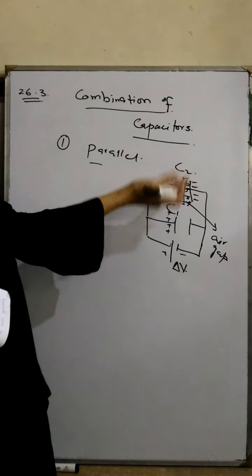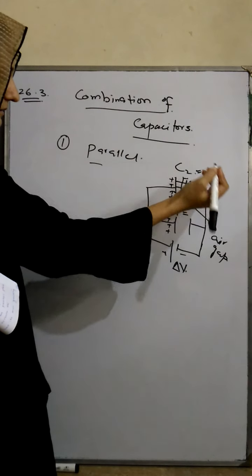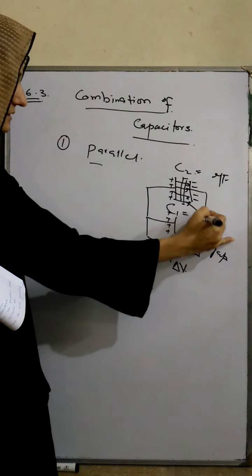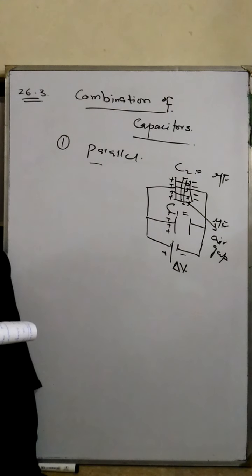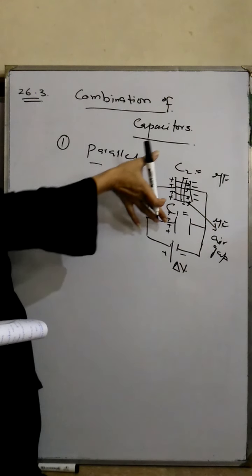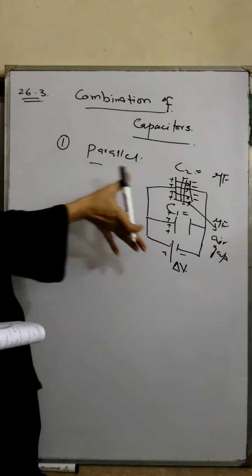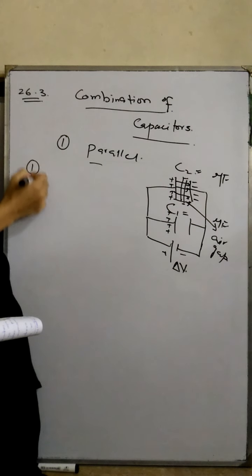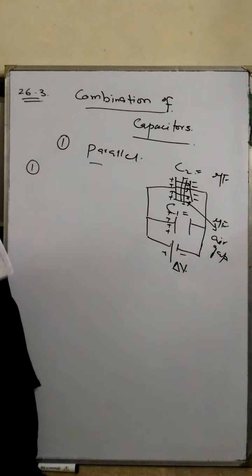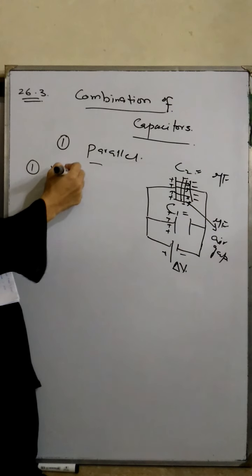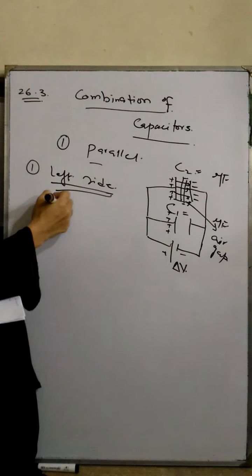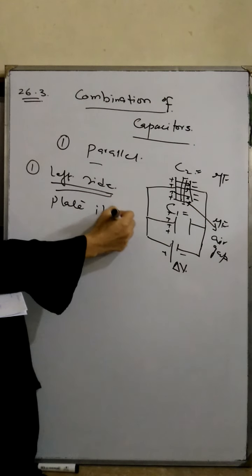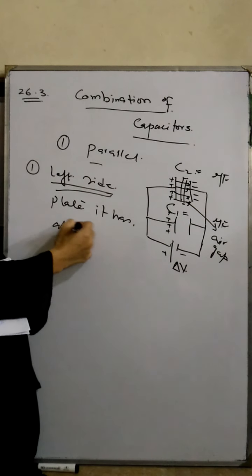Now suppose these capacitors have some capacitance in microfarad value. Now I want to find the equivalent capacitance for these two capacitors present in this circuit. So for that, I have to follow certain steps. Step 1, as I have explained already, the left side plate has all the positive charges.